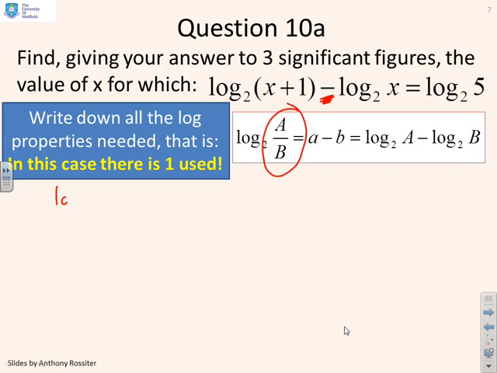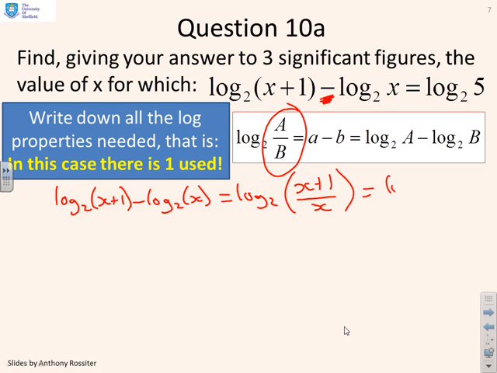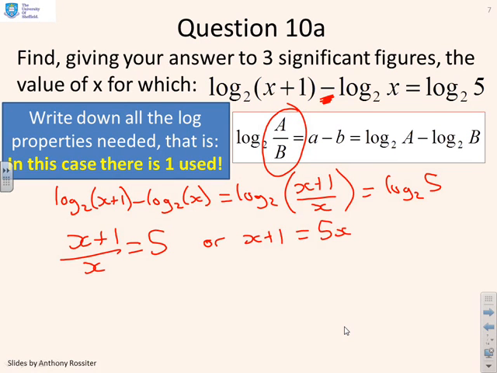So what we've got is log 2 of x plus 1 minus log 2 of x is going to be equal to log 2 of x plus 1 over x, and we've been told that that's equal to log 2 of 5. Now as I've got log 2 on both sides, this now means I've got x plus 1 over x equals 5, or x plus 1 equals 5x.